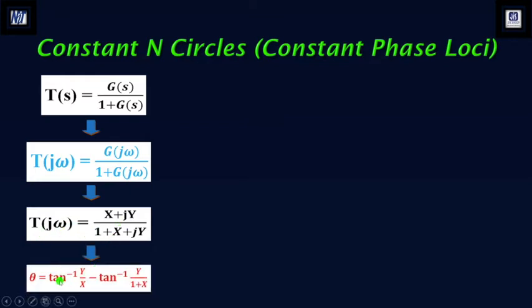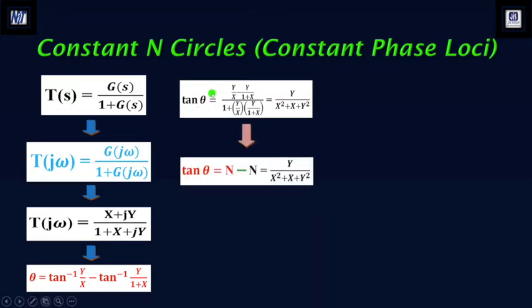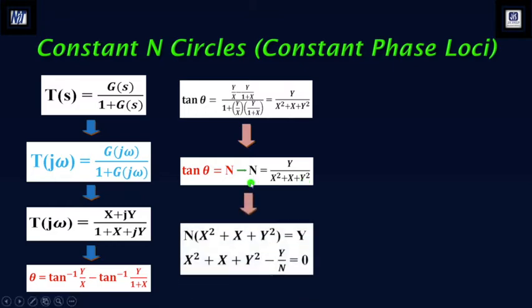Then from this equation written here, this is the phase angle equation. From this equation we get the value of tan theta. Let us consider this tan theta is equal to N. So N equal to this value.